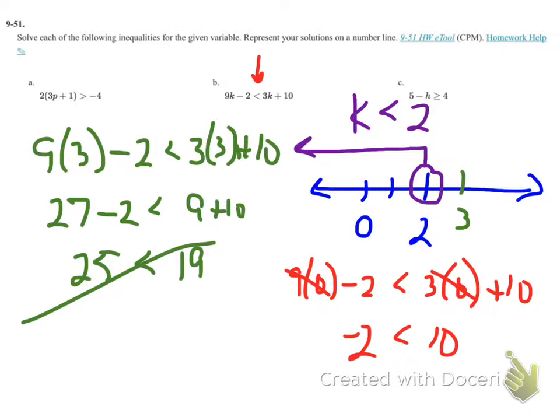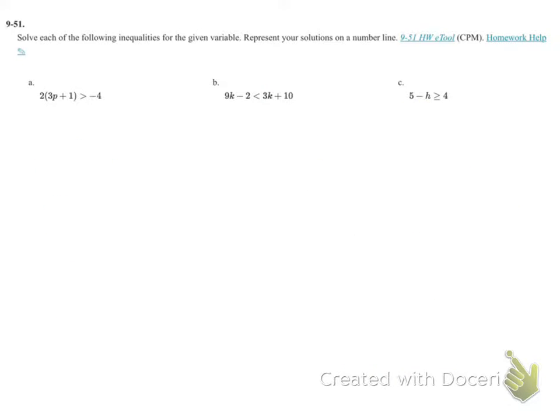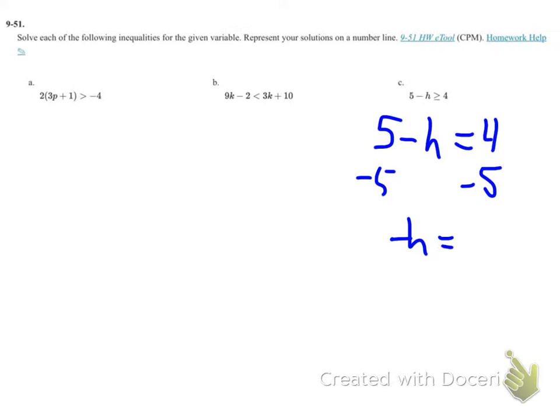Problem C. Now this one's the real important one here to make sure we are setting this as an equal symbol. So I'm going to go through and subtract the 5. And I have negative h equals negative 1.